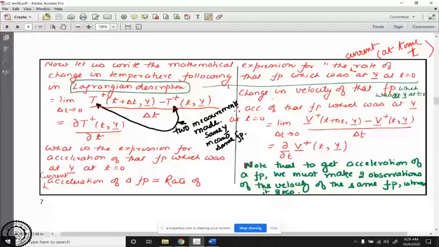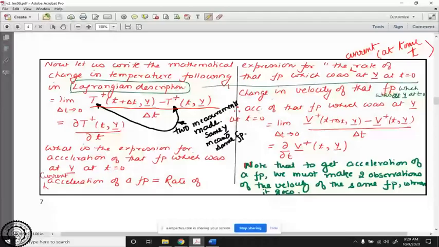Another question: what is the expression for acceleration of that fluid particle which was at y at t equals 0? When I say expression for acceleration, it is implicit that I'm talking about current acceleration at time t. So I want the current acceleration of that fluid particle which was at y. What will be the expression? Pay attention to what I have in green color here.